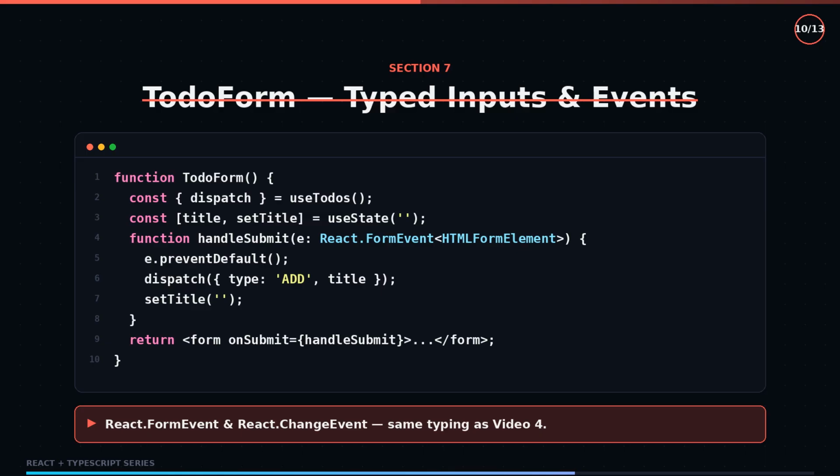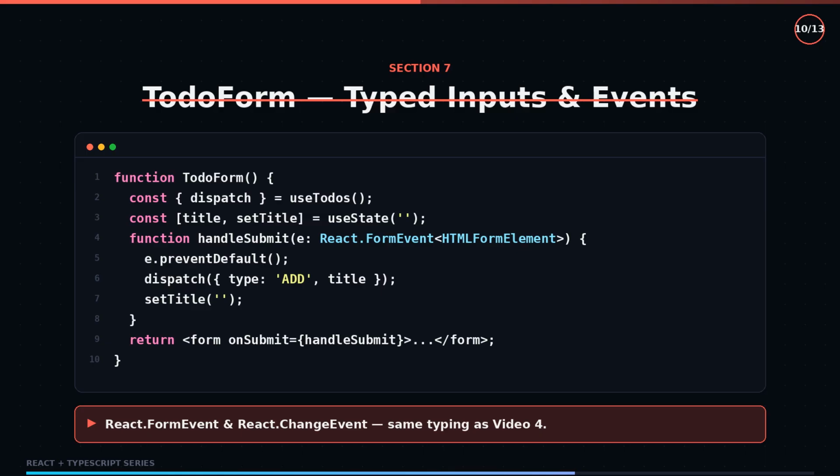7. TodoForm. Typed inputs and events. Function TodoForm. const dispatch equals useTodos. const title, setTitle equals useState. Function handleSubmit, React.FormEvent of HTMLFormElement. preventDefault. If not title.trim, return. Dispatch type add, title. setTitle to empty. Return form onSubmit handleSubmit.